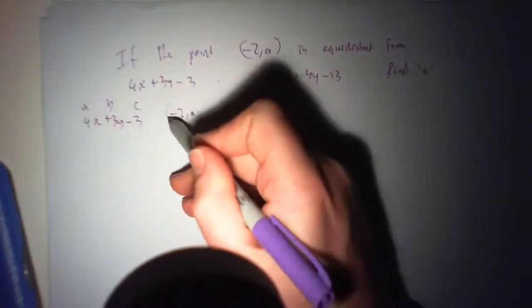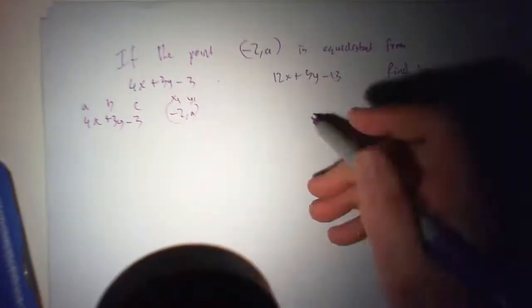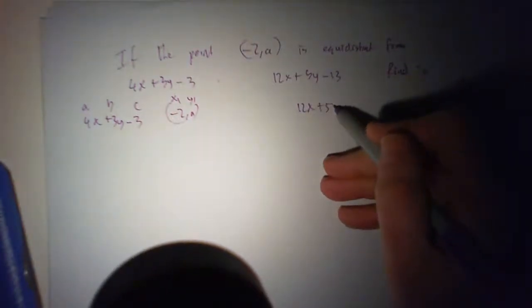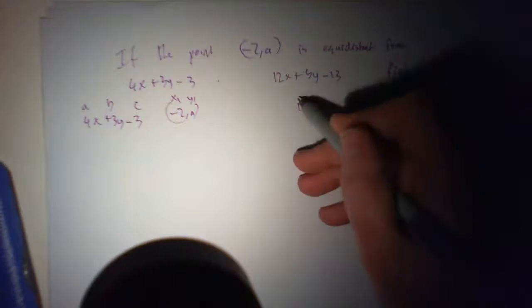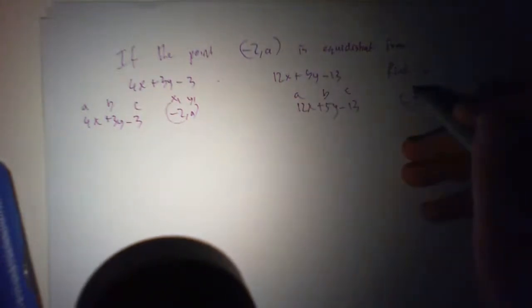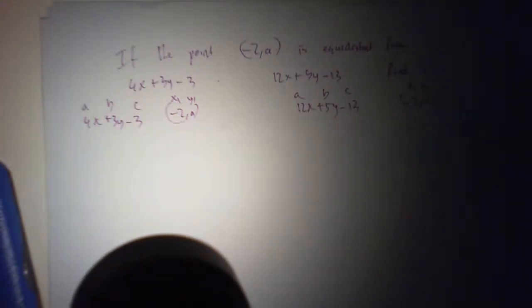We've got 4x plus 3y minus 3, that's A, B, and C, and minus 2 and A, x1, y1. And then here we've got 12x plus 5y minus 13, and we've got minus 2 and A. So we're going to fill out our formulas and see how this goes.